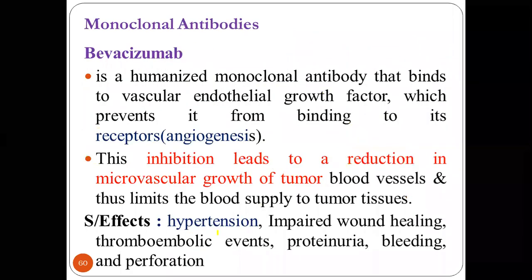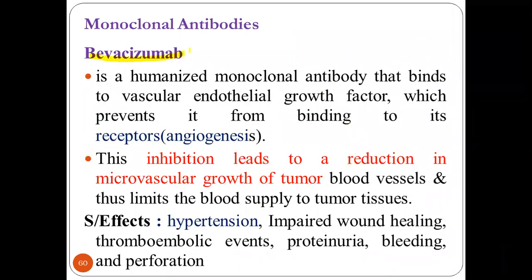Okay, then bevacizumab. This is one of the monoclonal antibodies that binds with vascular endothelial growth factor. Remember, by binding vascular endothelial growth factor, it prevents new blood vessel formation, angiogenesis, in the cancer cell.